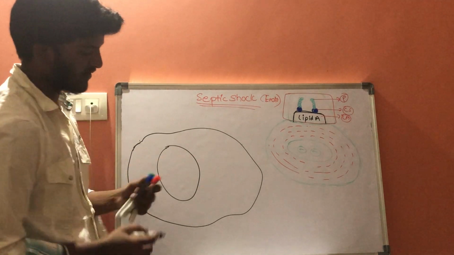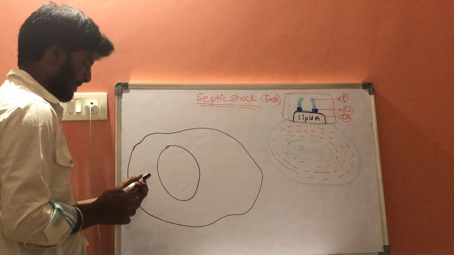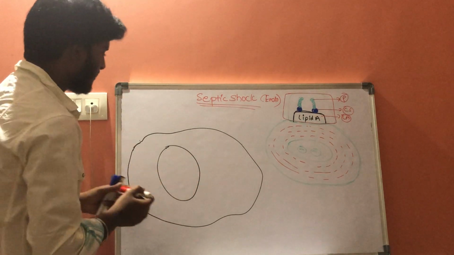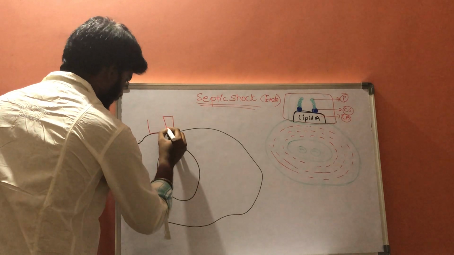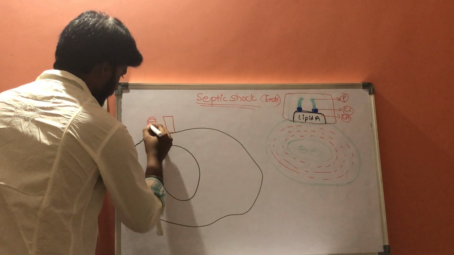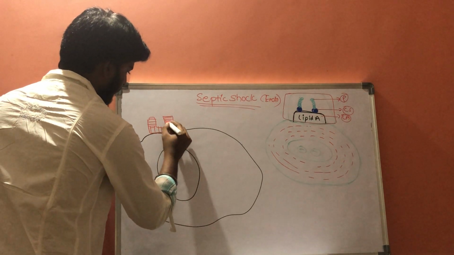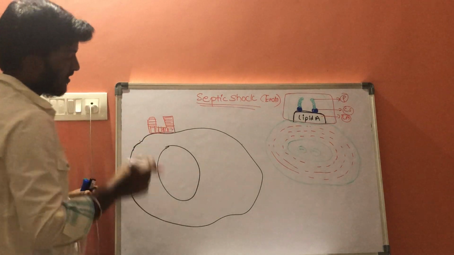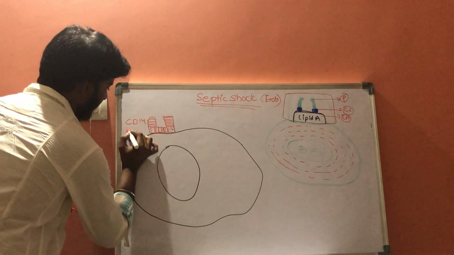This is a nucleus, and there is a special receptor present on the surface of the macrophage, that is the CD14 receptor.